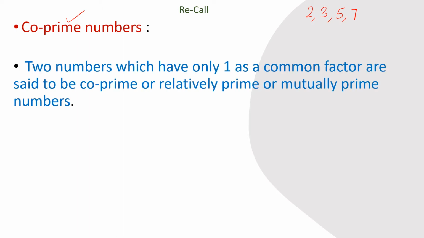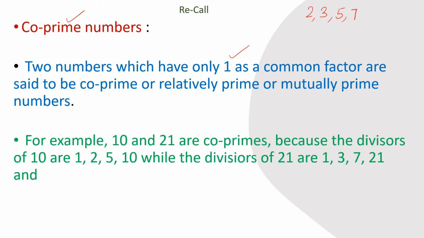Then what are co-prime numbers? Two numbers which have only 1 as a common factor are said to be co-prime or relatively prime or mutually prime numbers. For example, if you are considering 10 and 21, they are co-primes.